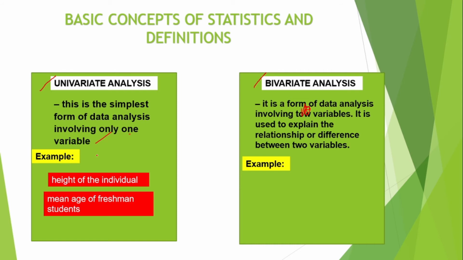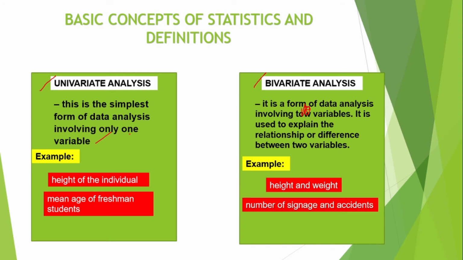And in the bivariate analysis, the height and weight. So what is the relationship between height and weight of the freshman students? The number of signage and accidents. So ano yung relationship ng number of signage and the number of accidents in the whole month, for example.